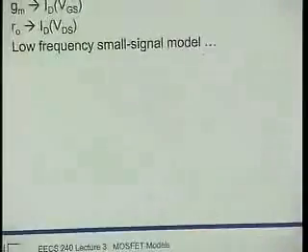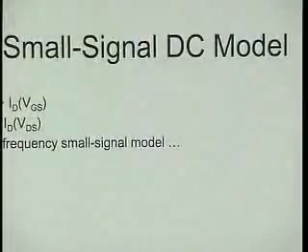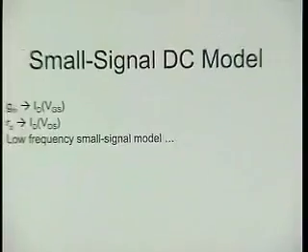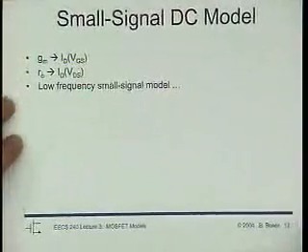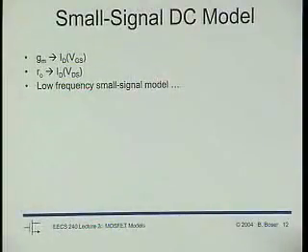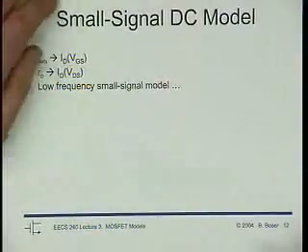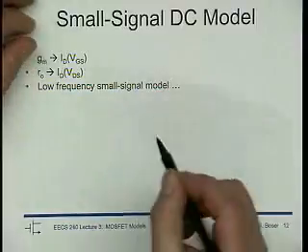Okay. Well, of course, one thing that we also use very liberally in analog circuit design is the small signal model, and I show it here for DC. There are really two parts to it.